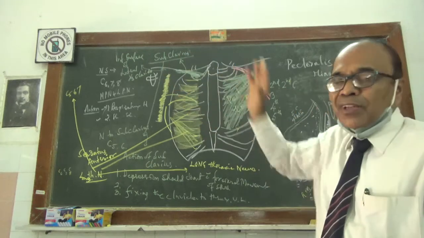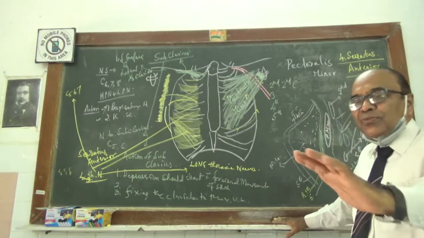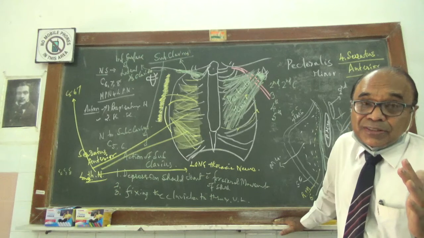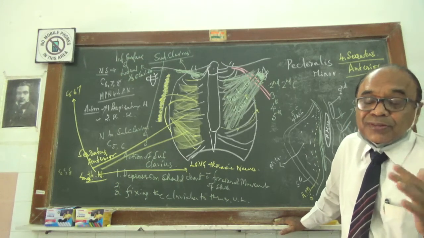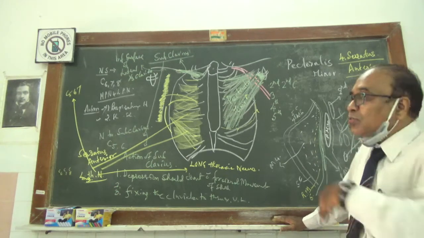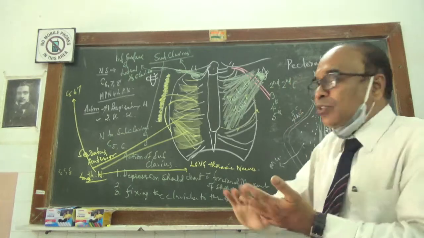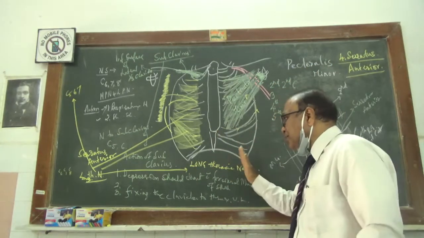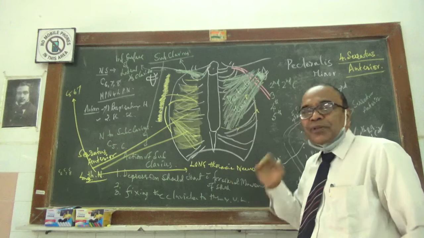Insertion will be on the upper limb bones. Action will be respiratory, apart from flexion of shoulders and depression, along with some other muscles which assist that action. So this is what one must know.